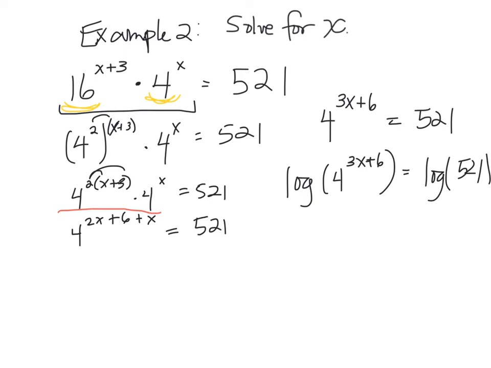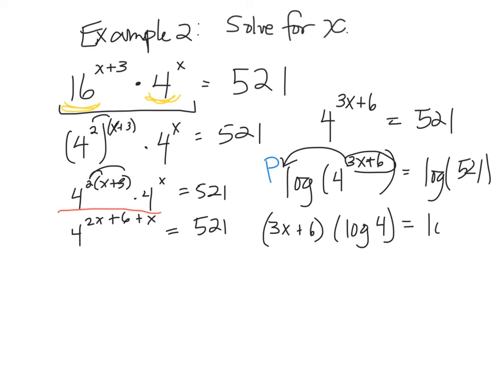So now we use our power rule, which says that we can take this exponent and bring it in front. So 3x plus 6, that whole quantity, times log of 4 equals log of 521.